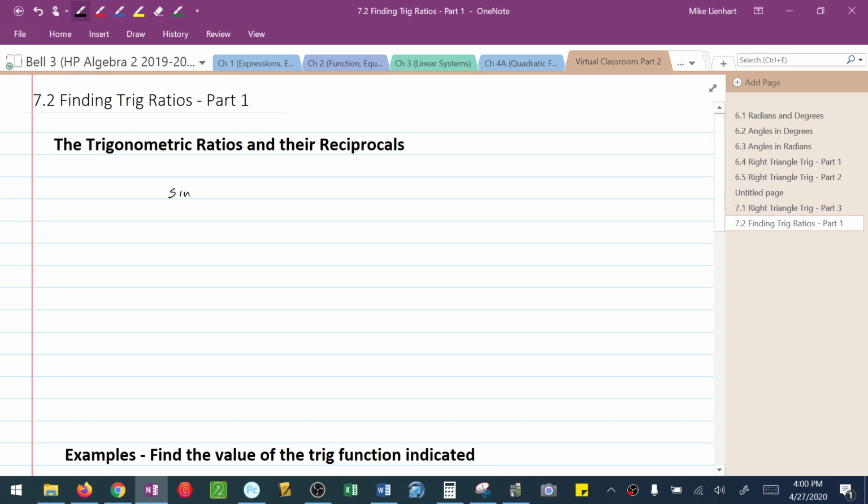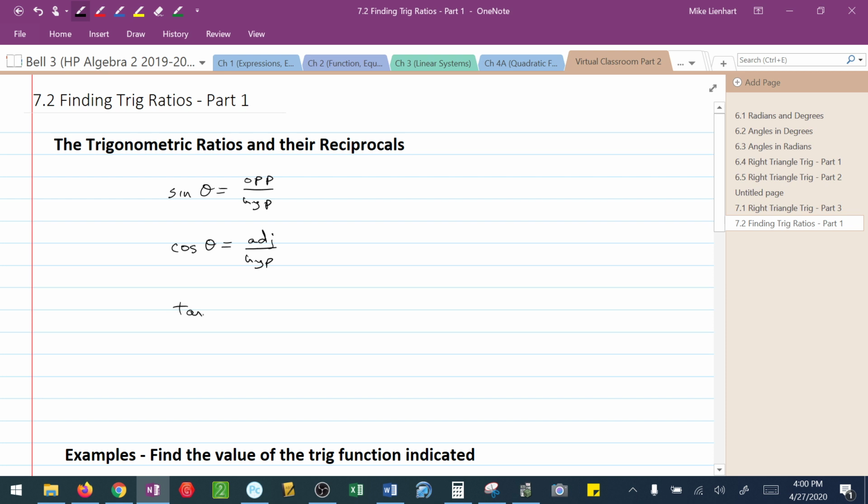The sine of an angle is opposite over hypotenuse. The cosine of an angle is adjacent over hypotenuse, and the tangent of an angle is opposite over adjacent. These are our three main trigonometric ratios that guide us moving forward.